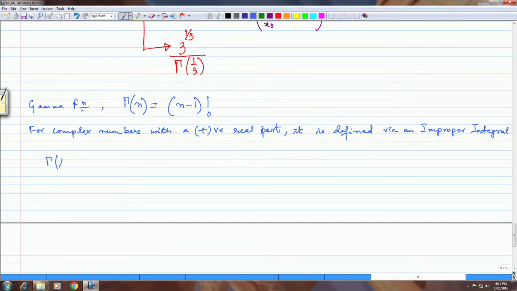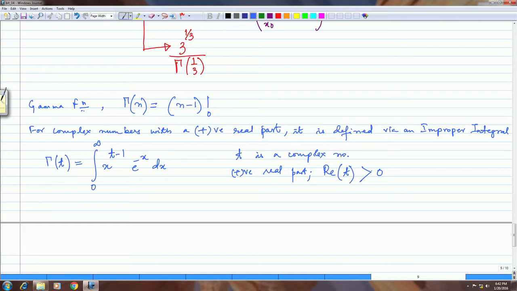So that is gamma t is equal to the integral, where t is a complex number with positive real part, which is that the real part of t is greater than 0.